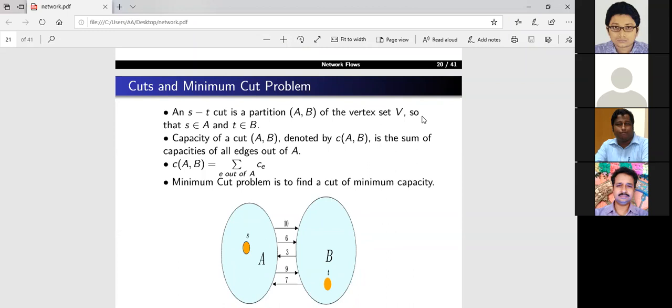So a cut is a partition A, B of the vertex set, so that S belongs to A and T belongs to B. The capacity of the cut is defined as the sum of capacities of all edges out of A. So I'm only looking at the edges which are going from A to B. What is the capacity of this cut?